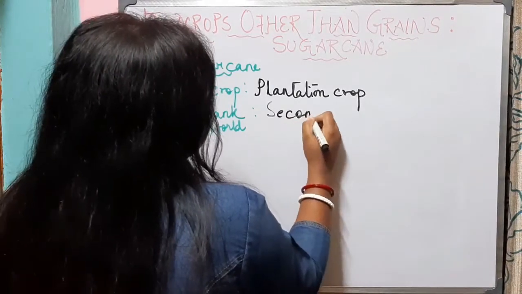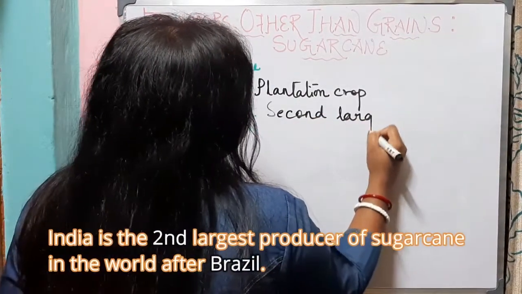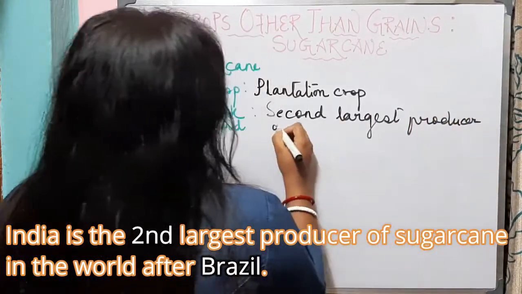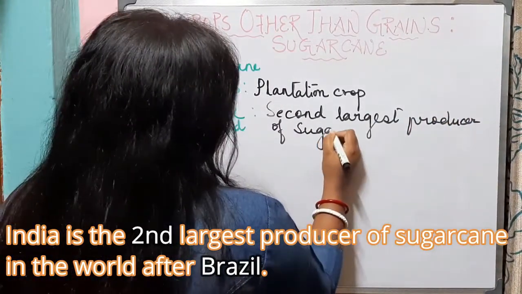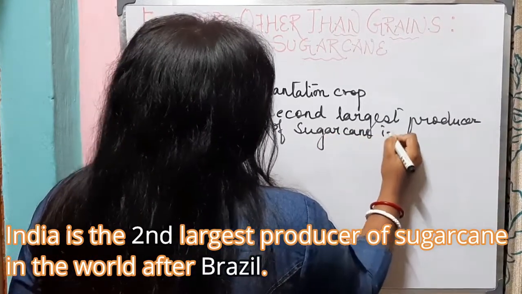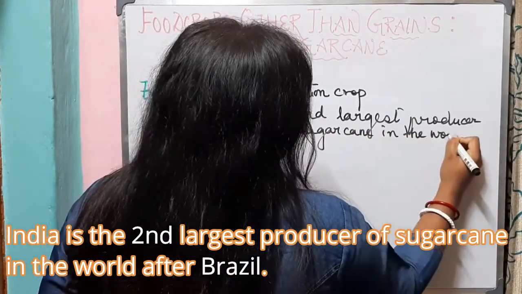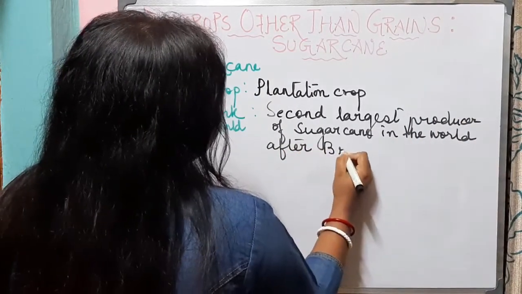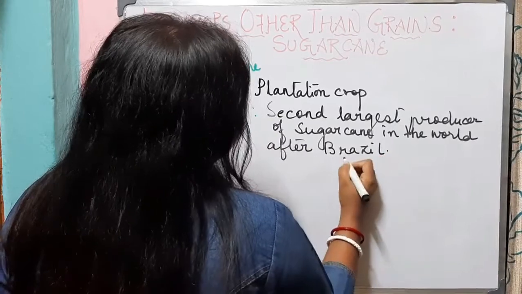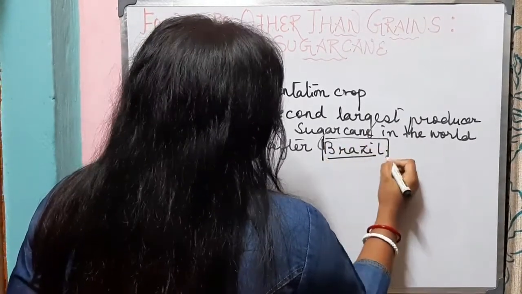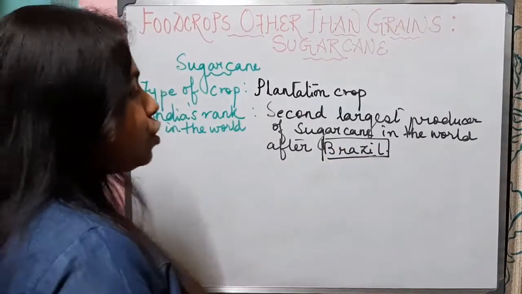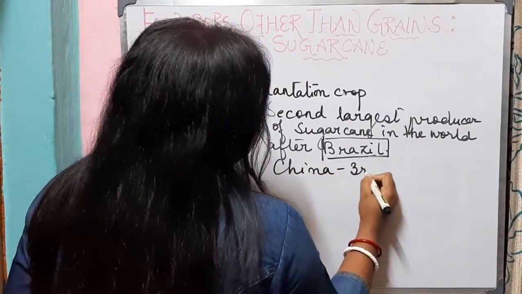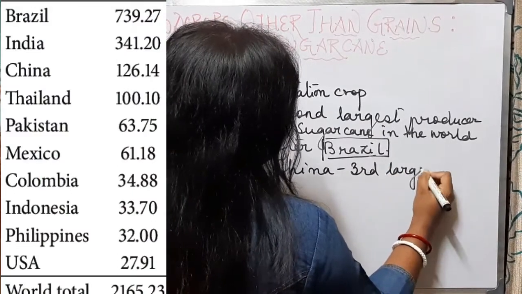So we can say that India is the second largest producer of sugarcane in the world after Brazil. Brazil is the largest producer of sugarcane in the world, India is the second largest, and China is the third largest producer of sugarcane in the world.